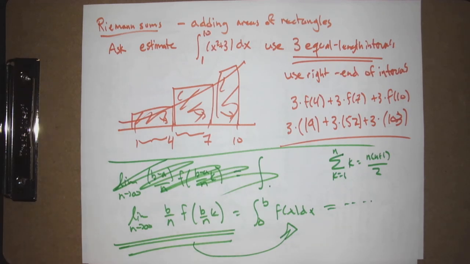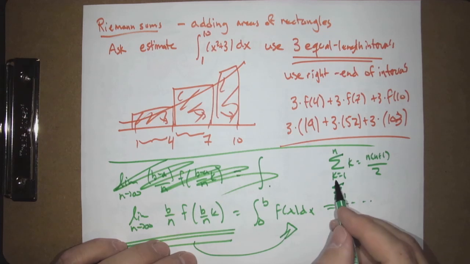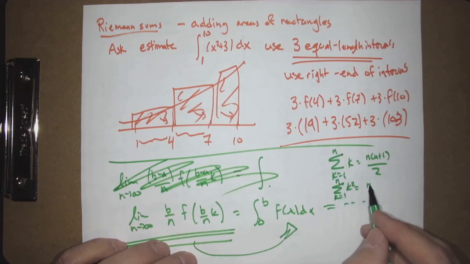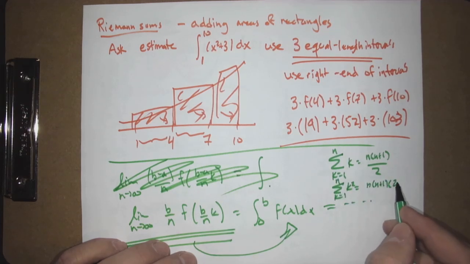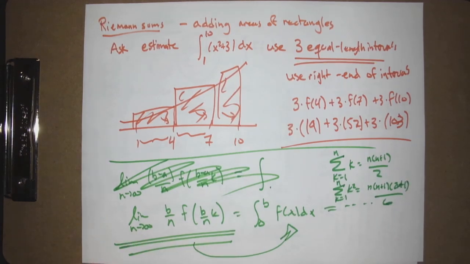And if you don't need it, we probably won't give it to you. But what about the sum of k squared from k equals 1 to n? Do you need to remember that one? No. But if you need it, we'll give it to you. And if you don't need it, we probably won't give it to you. But maybe we will, to distract you. We're devious sometimes. Just sometimes.